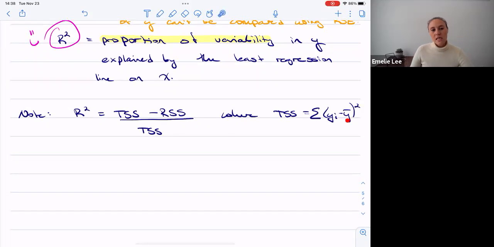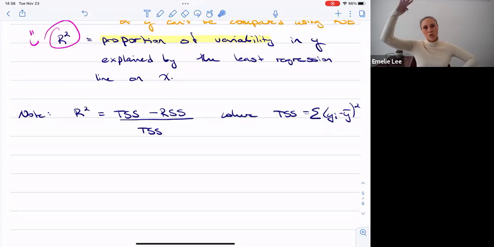So it's really just seeing, okay, how far are my y's from the average? How much total spread in y do I have? And then I'm looking at those distances squared. But we're going to ignore that. It is something we can dive deeper into, but we don't really have time to do that, so we're going to skip it. Okay, but just know that we could use sums of squares to find the R squared.